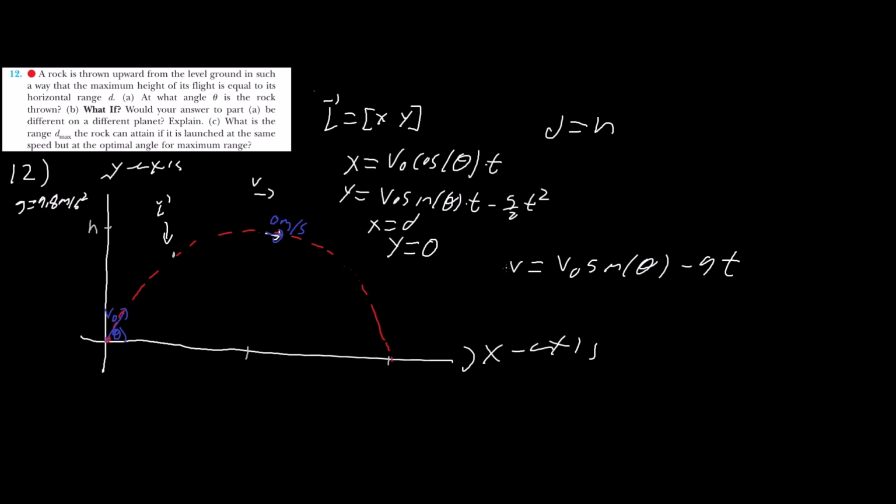And we're going to let the final velocity be 0. And once you find that time, which here is just going to be v naught sine of theta over g, I guess I'm already solving it, we're going to plug it into this equation to find where y equals the maximum height. And that's going to be your other equation.